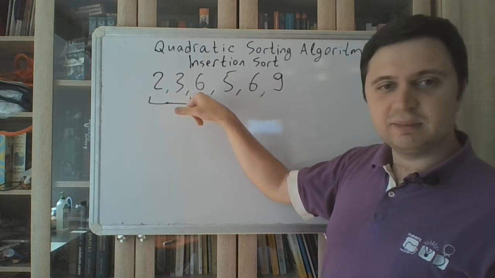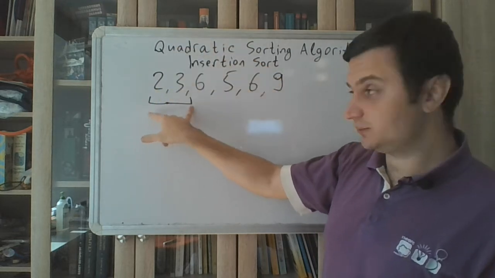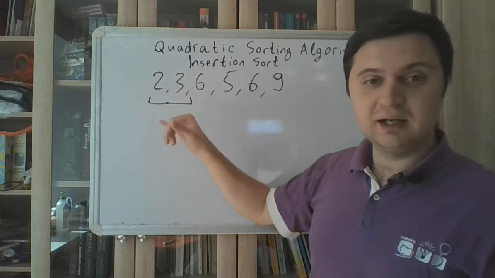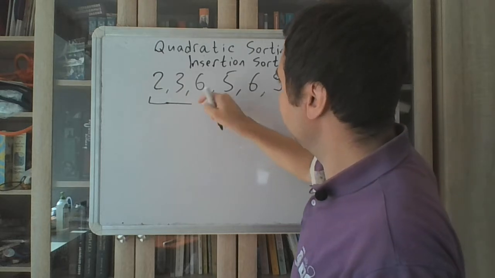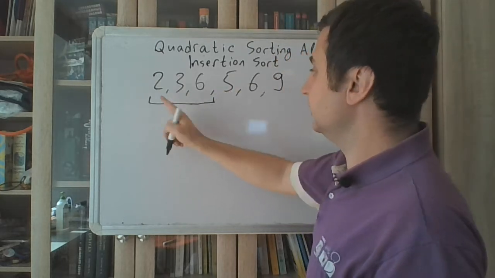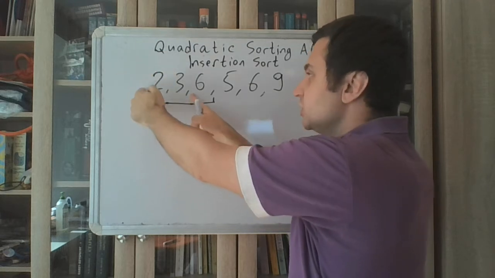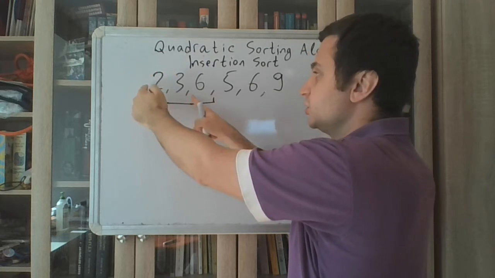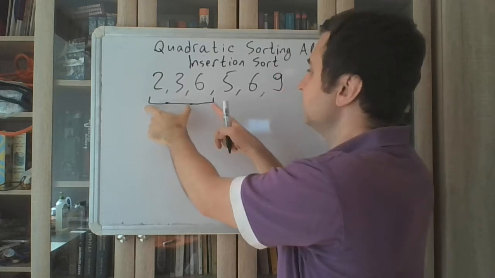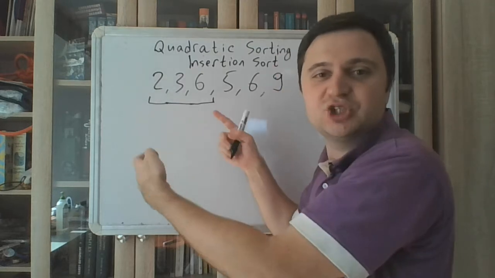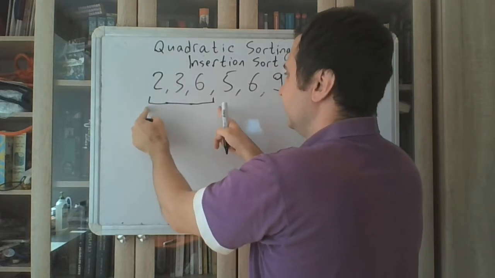If the next element is larger than the largest of the elements in this part, like 6 once again, then you don't need to do anything. You just say, okay, my ordered subspace becomes 1 unit larger. So I had everything correct in the prefix of length 2. Now I also freely have everything correct in the prefix of length 3.